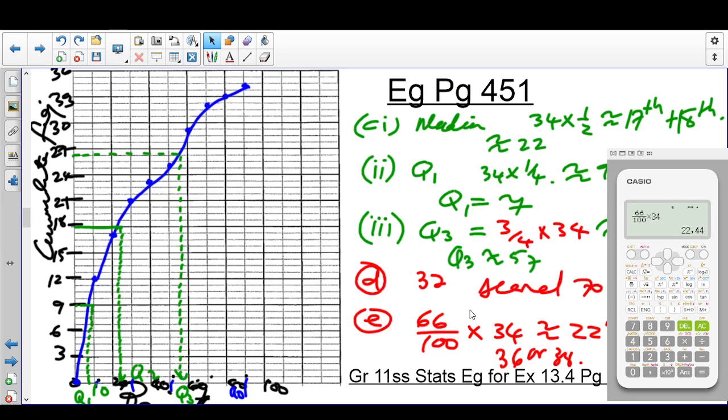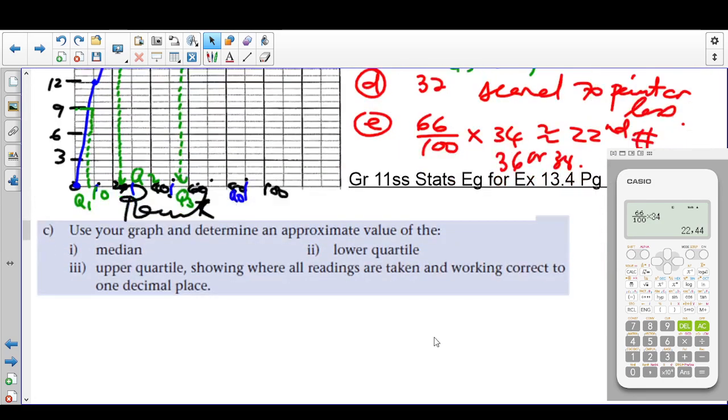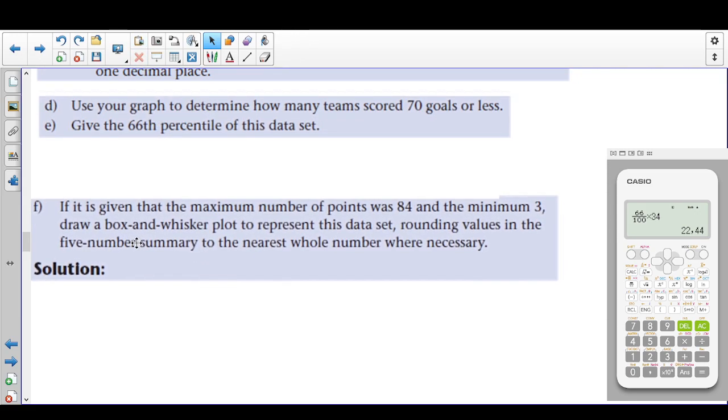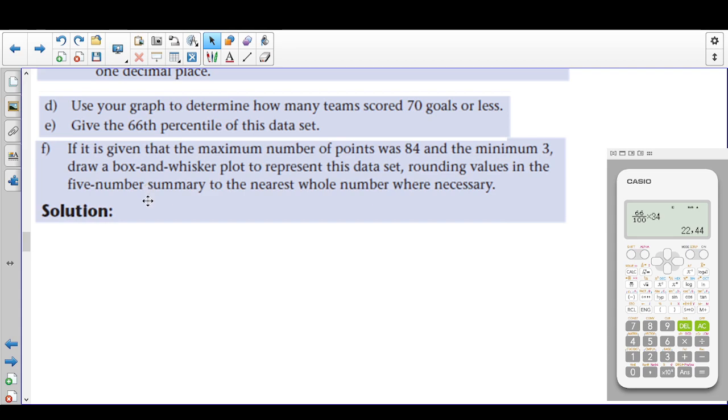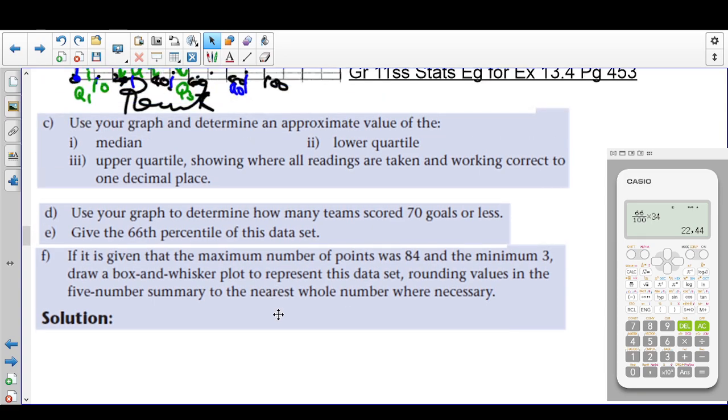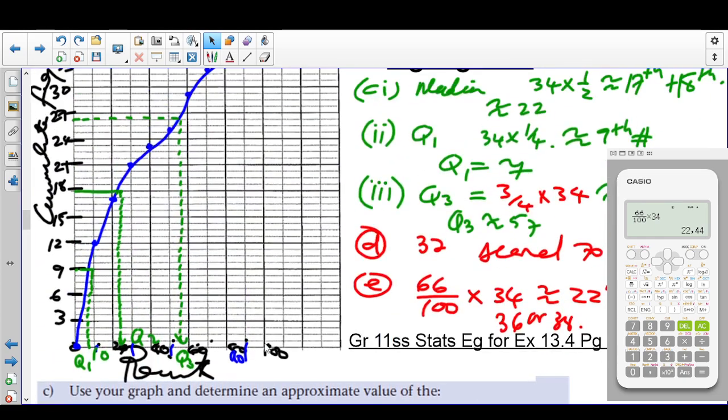Right. And then the last question, we are told that we use this 60th percentile and all of those things we looked at already. If it's given that the maximum number of points was 84 and the minimum is 3, draw a box and whisker to represent this data set, rounding values in the five number summary to the nearest whole number when necessary.